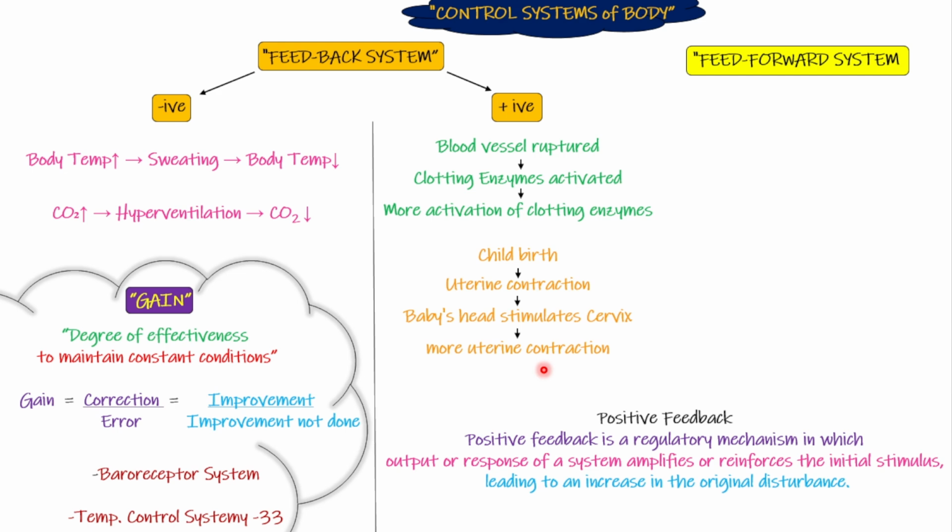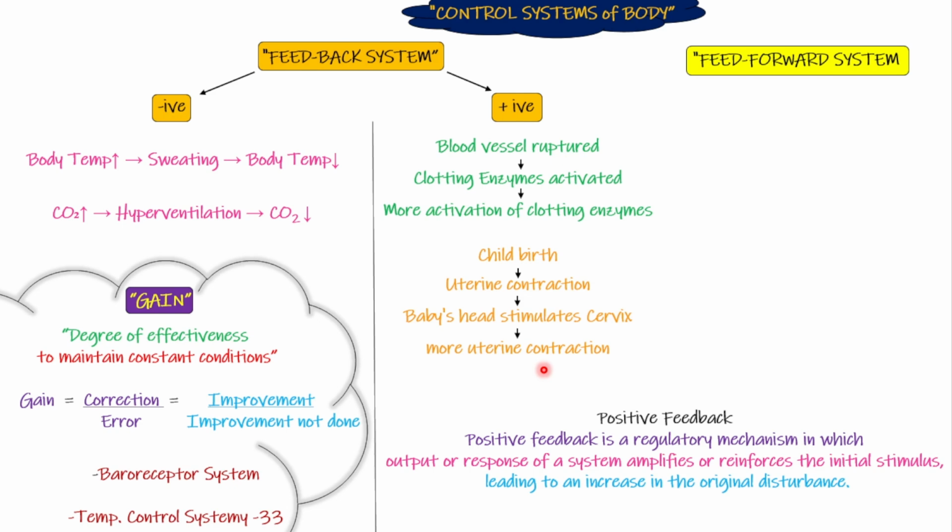So uterine contraction leads to the baby moving forward and stimulating the cervix, and stimulation of the cervix causes more uterine contractions, more movement of the head forward, and more stimulation of the cervix. So this is a positive feedback cycle which results in delivery of the baby.